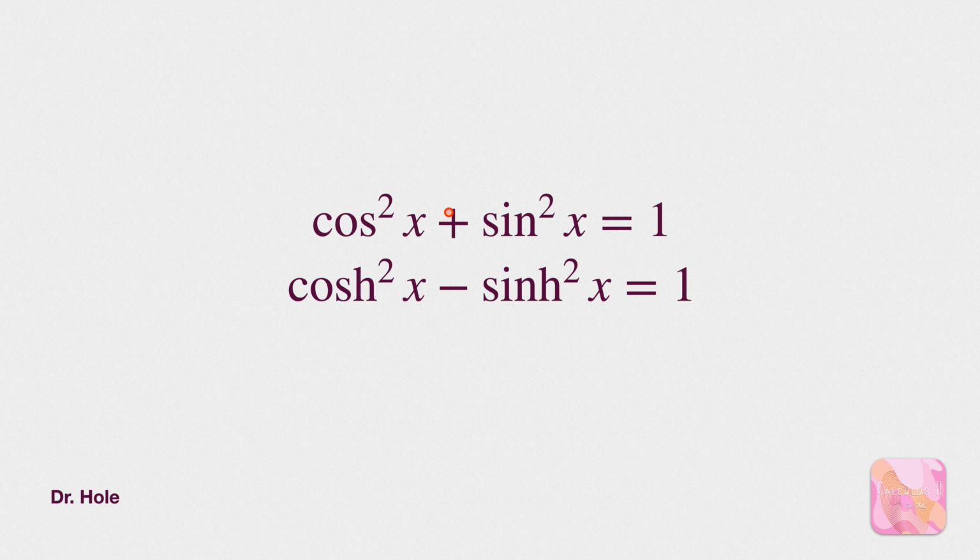Whereas the Pythagorean identity is a sum, you don't need to specify the sine squared or cosine squared first. Either is fine. But in the hyperbolic version, as it is a difference, you need to be careful that it's the cosh which is first squared, minus sinh squared.